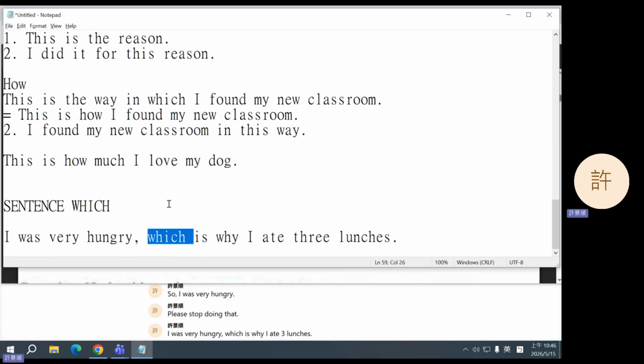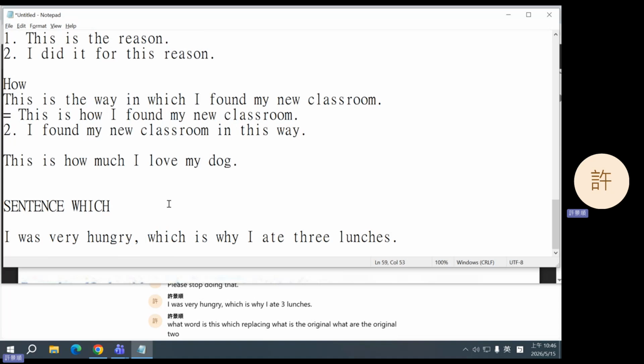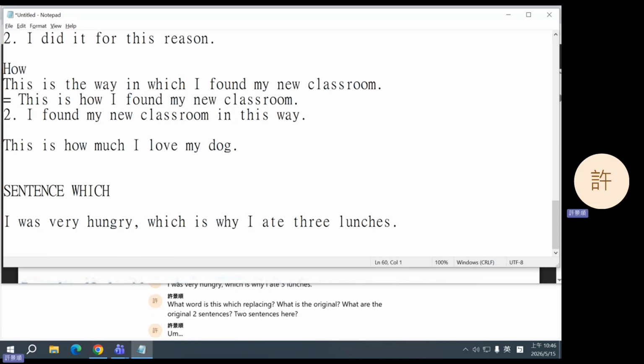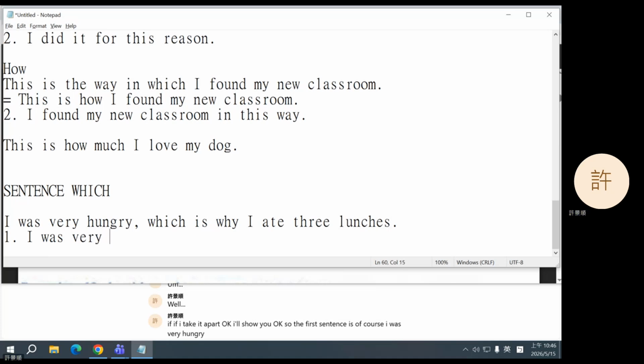What is this "which" replacing? What are the original two sentences? Two sentences here. Well, if I take it apart, okay, I'll show you. The first sentence is, of course, "I was very hungry."